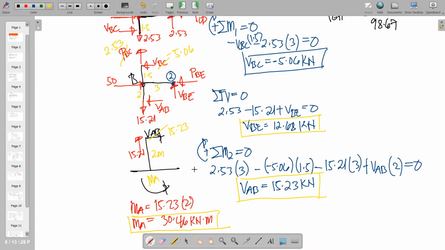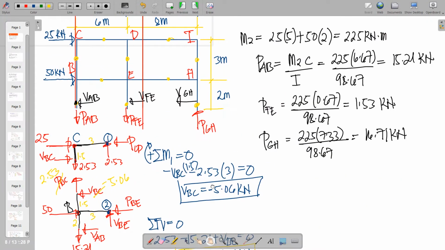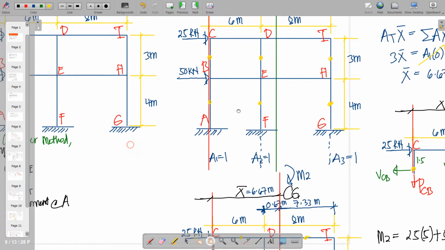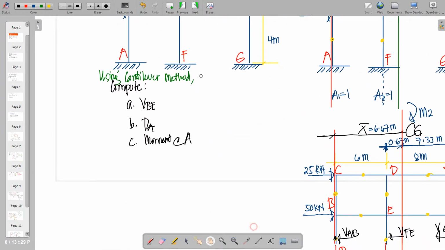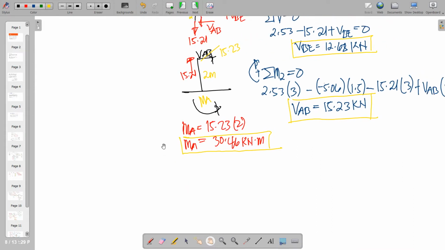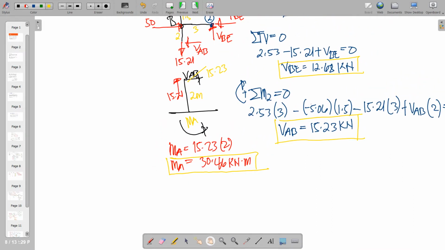Okay. So next unknown, reaction at A. Okay, so we already have here our RAX and RAY. So this is RAX.